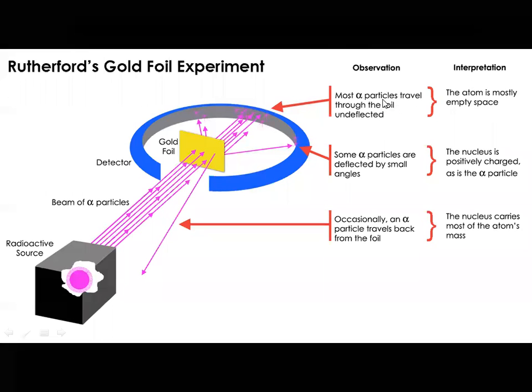most of the alpha particles passing through the gold foil undeflected means there was no obstruction for the alpha particles. So I can say most of the space in an atom is empty. The atom is mostly empty space. Some alpha particles were deflected by minor angles. Maybe the alpha particles came across some obstruction.